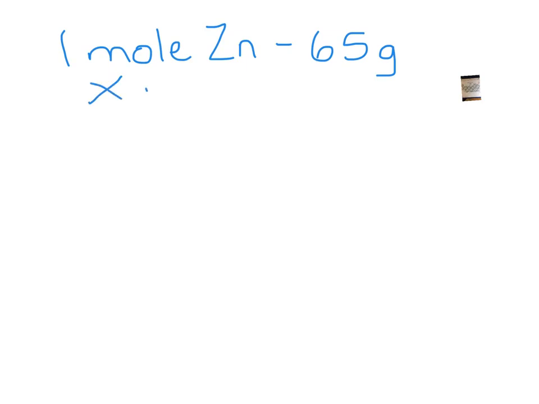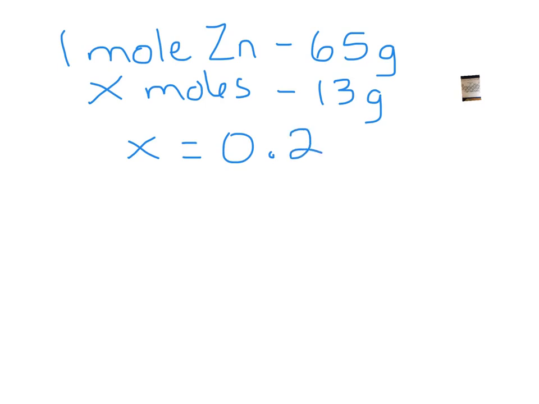So, 1 mole of zinc has 65 grams. I don't know the quantity of moles present in 13 grams of zinc. And this value is 0.2 moles of zinc.